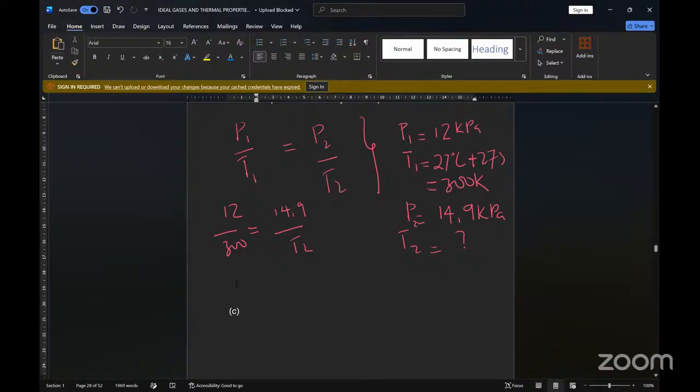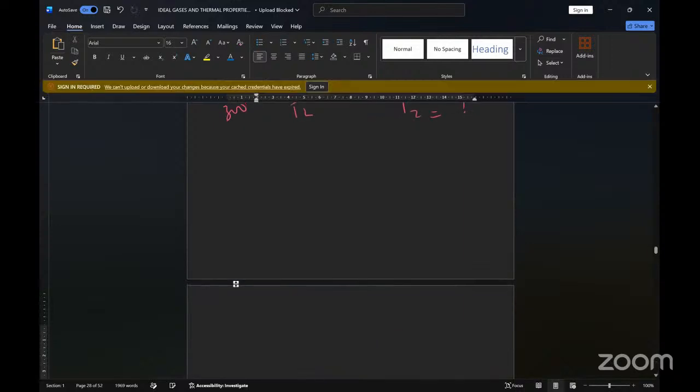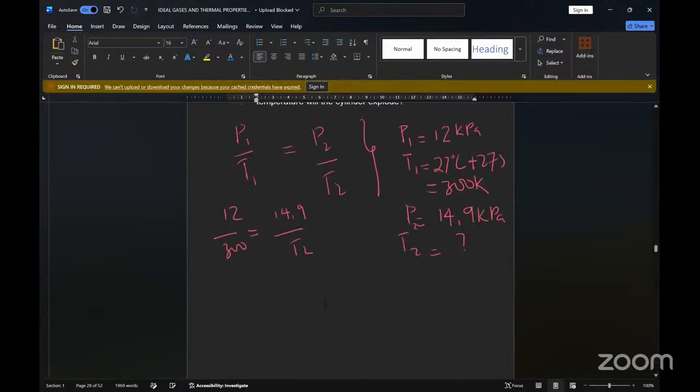Okay? So if you want your T2, you want to make T2 the subject of the equation, effectively T2 becomes, so you take this one there, you bring this one there. So it's going to be 14,9 times 300 all over 12.